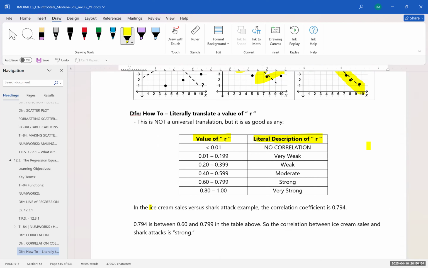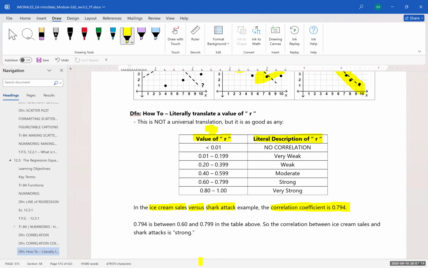So earlier we looked at ice cream sales versus shark attacks. Well, the correlation coefficient of that came out to 0.794. So because it's 0.794, you look and see where that fits in this first column.